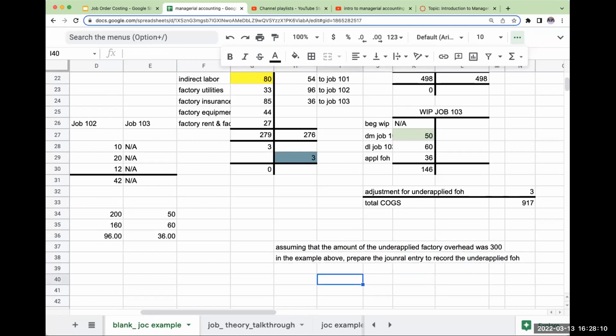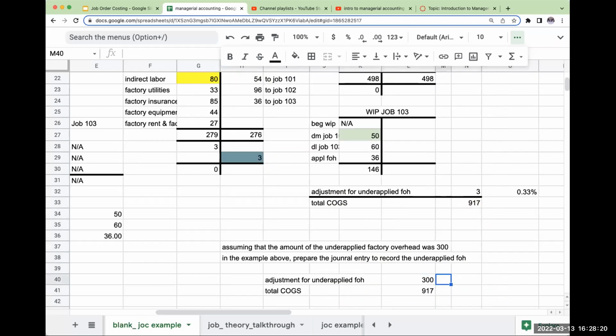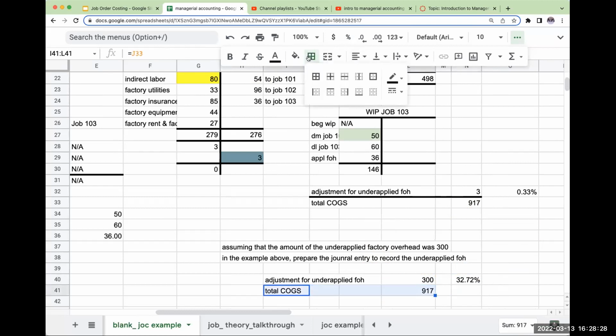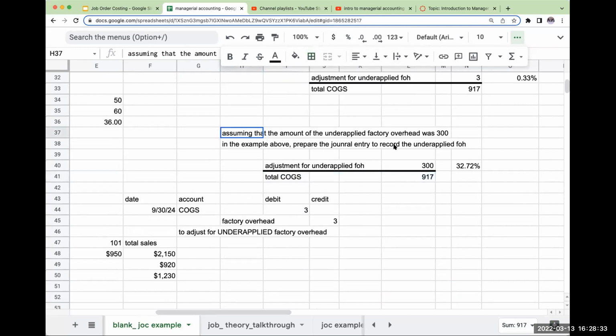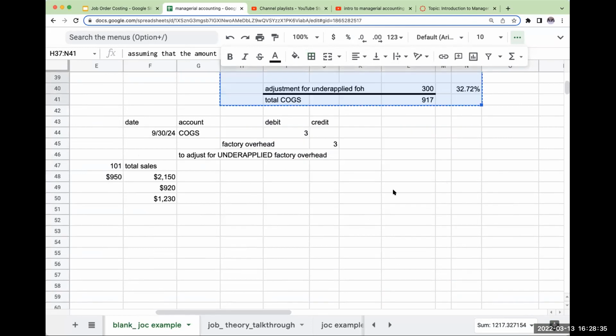First thing I want to do is ask: is the amount materially significant? If the amount is 300 divided by 917, we've got a problem because the amount is now 32% of cost of goods sold. Because that amount is so large, we need to allocate it amongst the three different categories.